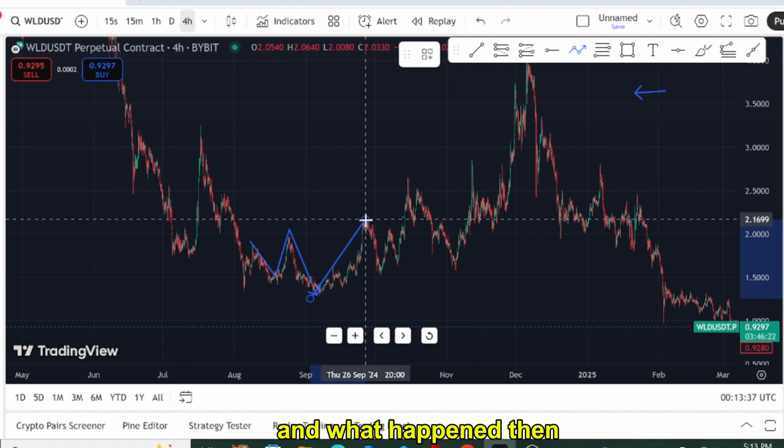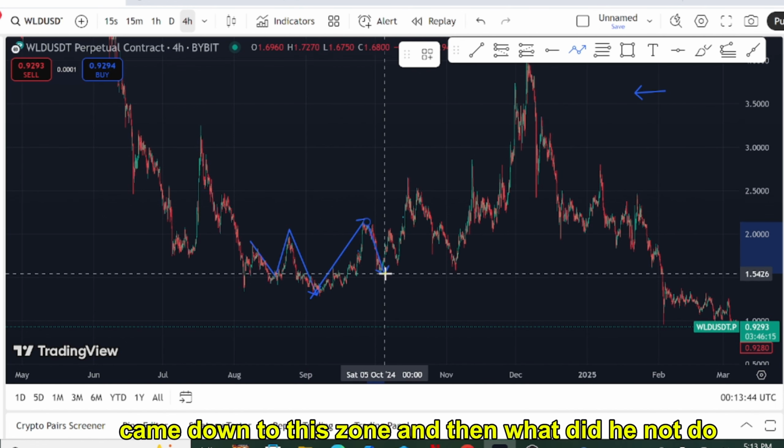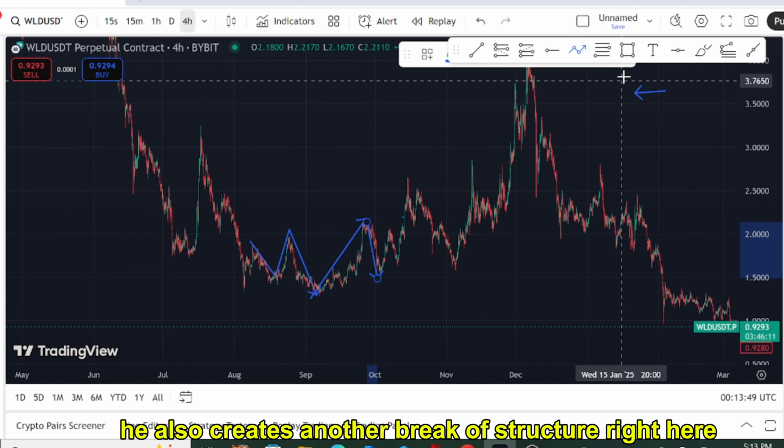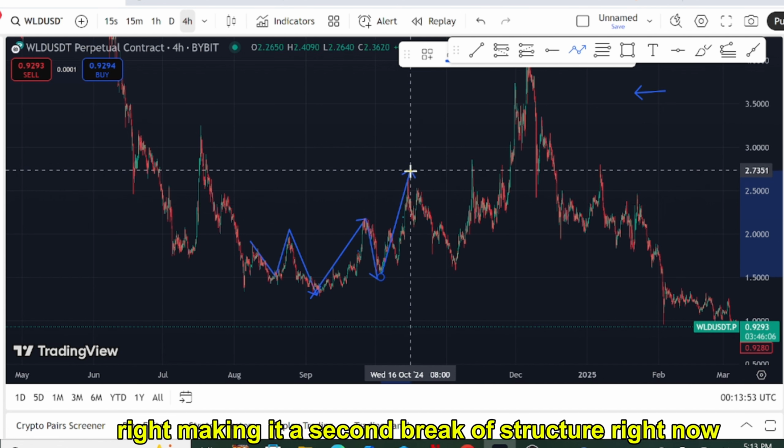And what happened then, it came down to this particular zone, and then it also created another break of structure right here, making it a second break of structure.